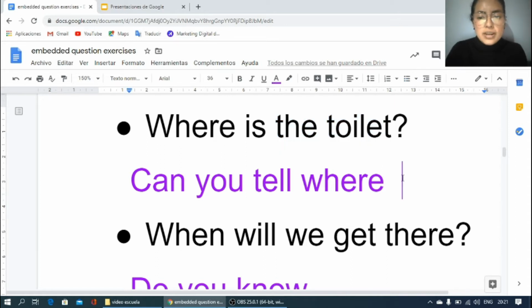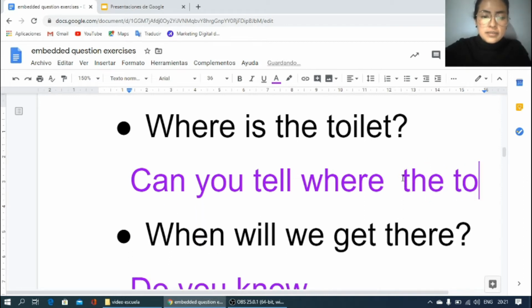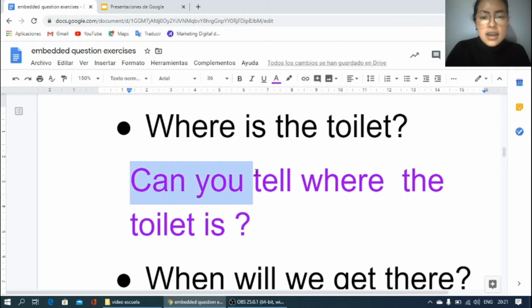And you have to write where the toilet is. Okay, in the end you have to put the question mark because we are using an introduction question, can you tell me? If you use an introduction question, you have to put the question mark at the end.